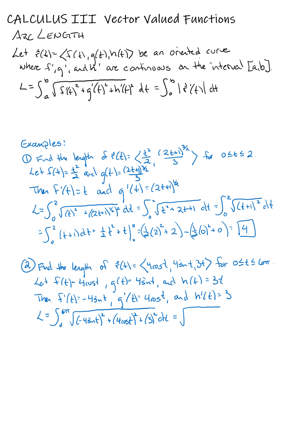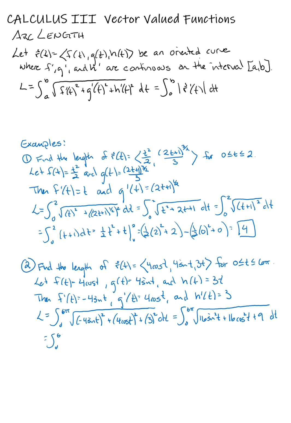Now let's see. That gives us the square root of 16 sine squared t plus 16 cosine squared t plus 9 dt.